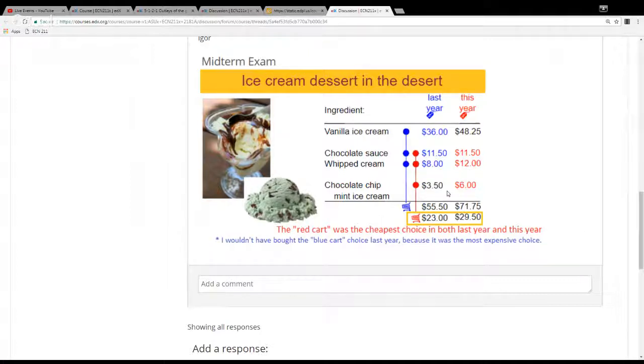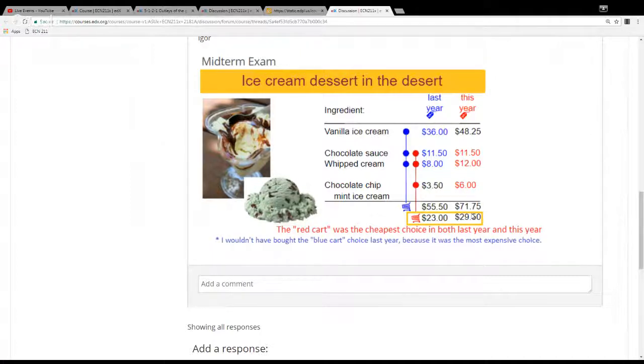Now, that is basically the difference. That the price of what you bought today is higher than yesterday doesn't matter. What matters is that I could have bought this year what I bought last year, but I decided not to buy it.